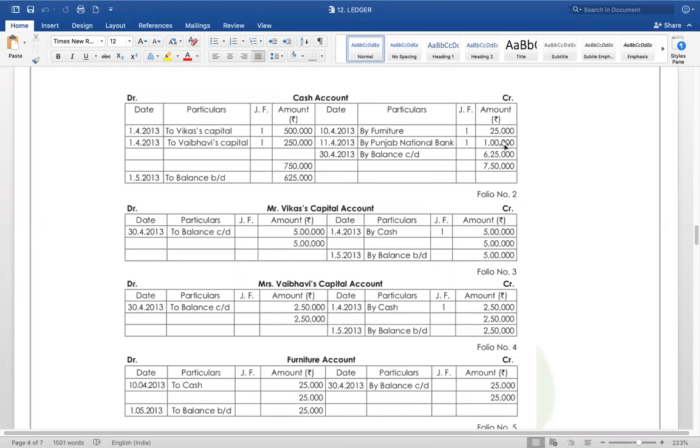When you're taking a transaction, the transaction is two-fold. A transaction has a debit and a credit. But when it comes to the account, the account may show more debit.